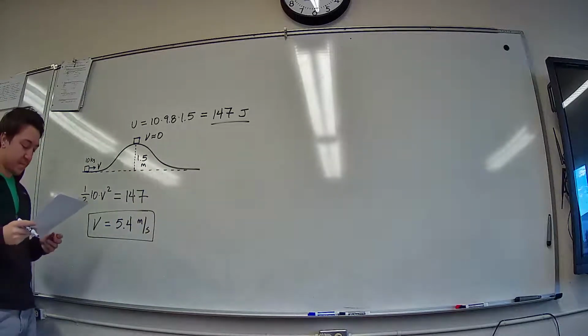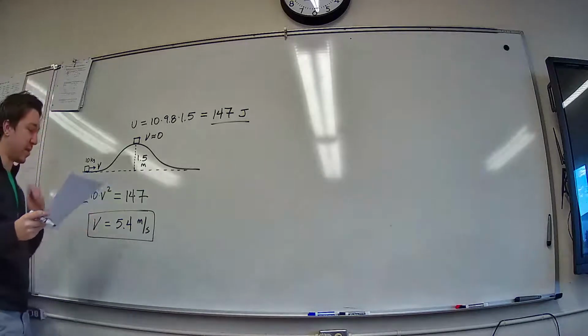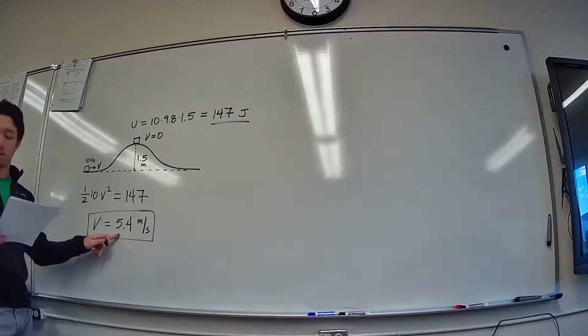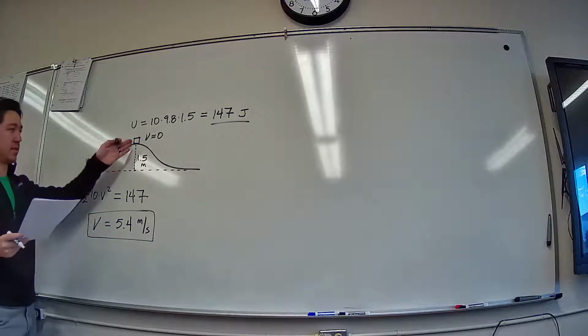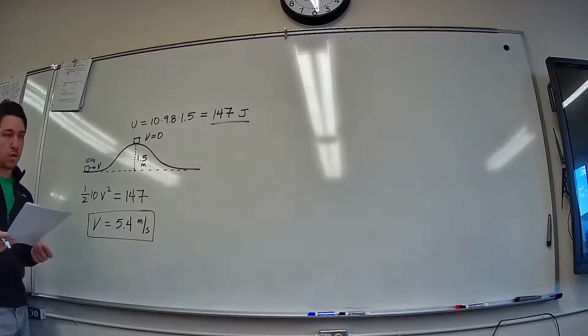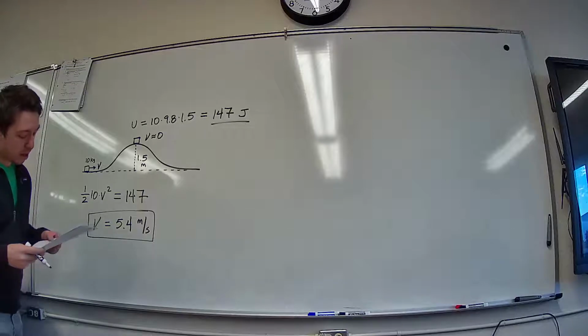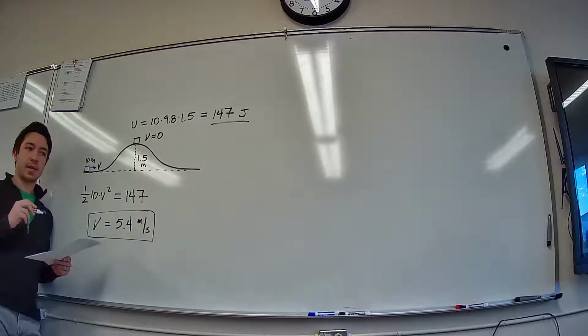Now B says, if the block's initial velocity were 6 meters per second, which is a little bit bigger than that, how much force would the track exert on the block at that top moment? For part B, what do you think is the first quantity we're going to calculate?